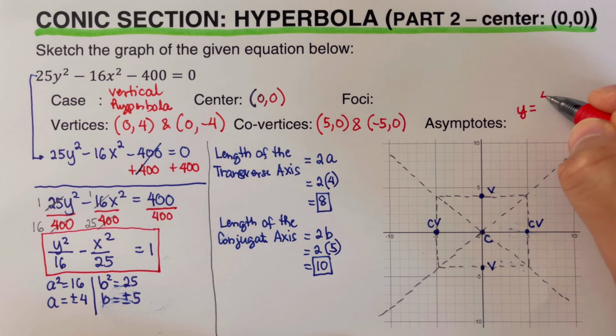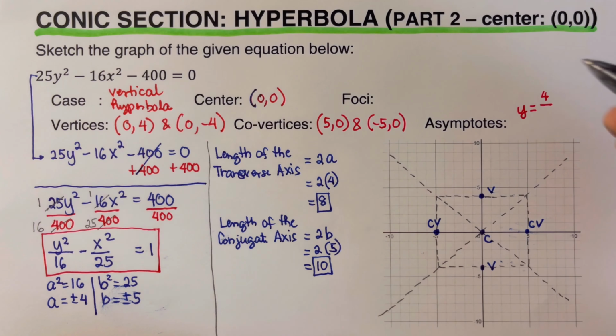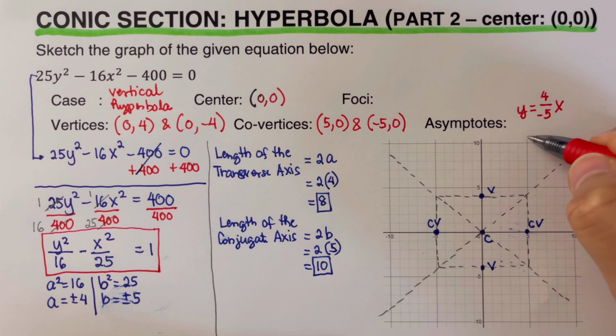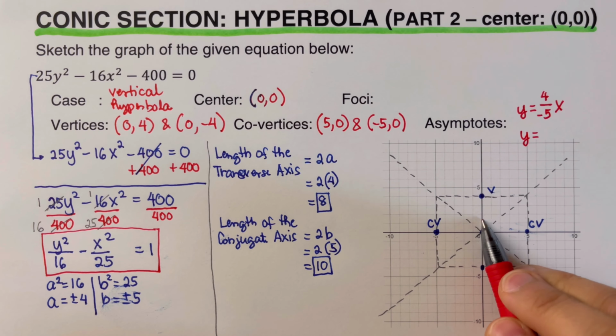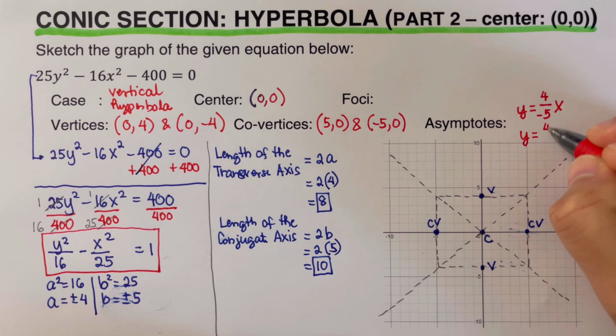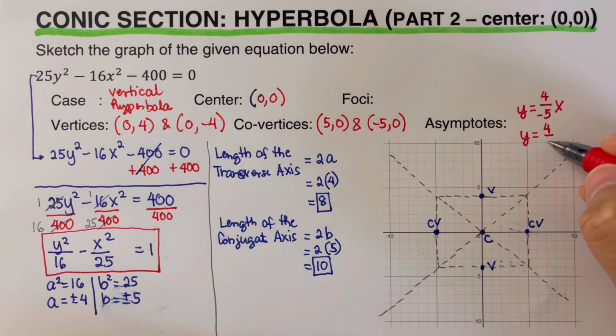I went up 4, over to the left, 1, 2, 3, 4, 5. So that would be negative 4 over 5 x. While the other equation would be y equals, I go up from the center 1, 2, 3, 4, and then over 1, 2, 3, 4, 5. And that's a positive because I went to the right.